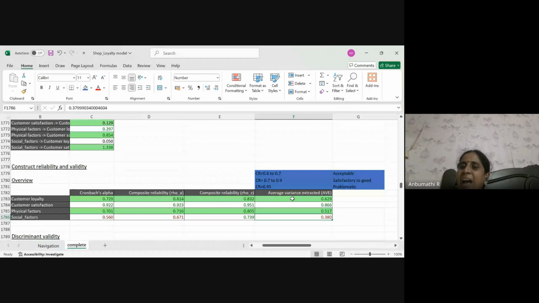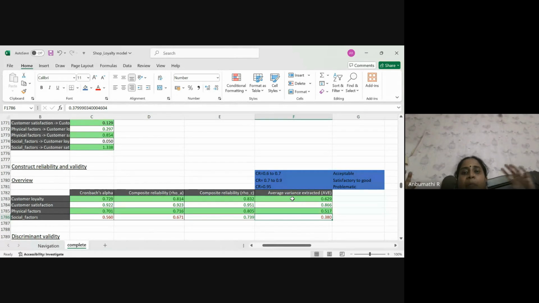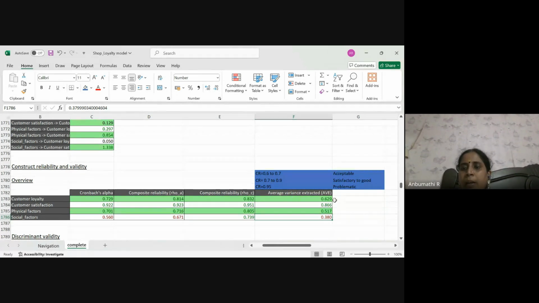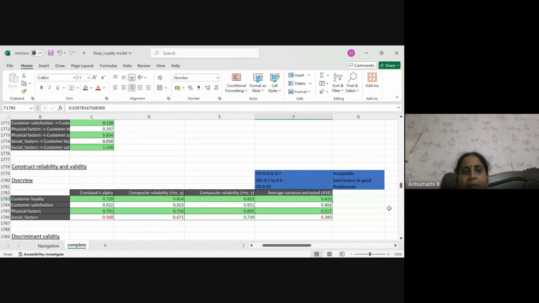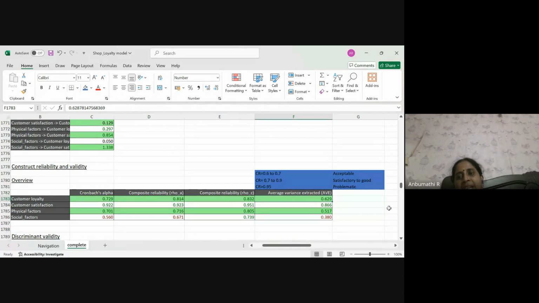Again, for this average variance extracted, the cutoff is that it should be greater than 0.5. That means 50% of the variance should be explained by the variable. So the AVE value of 0.629 means 62.9% of customer loyalty is explained by its indicators.